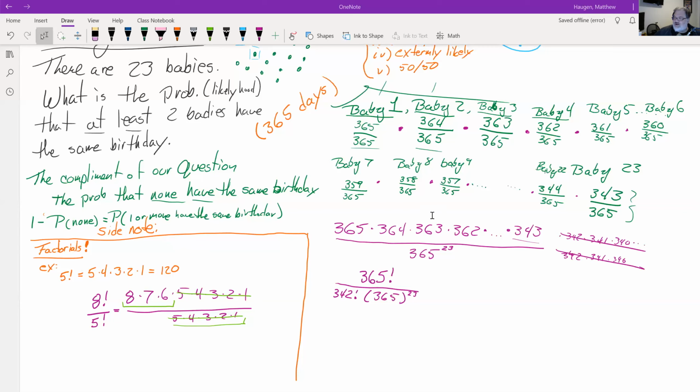Now, there are a fair number of big numbers going on in this problem. That 365 factorial was too big of a number for your calculator to handle. The 365 to the 23rd power, that's even larger. So these numbers are huge.